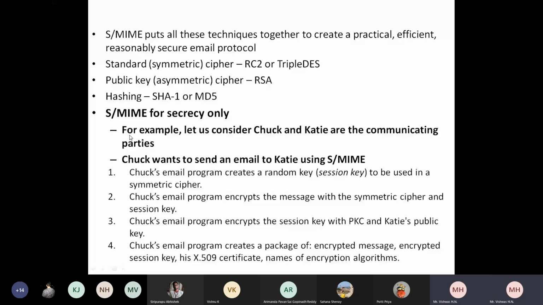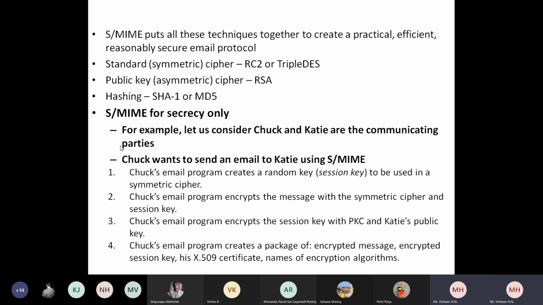For example, let us consider Chunk and Katie as communicating parties. Again, we don't need this actually, because it is just a scenario taken here. As I told you, S/MIME is an extended version of MIME, and MIME is an extension for general SMTP, and PGP is a totally separate thing.